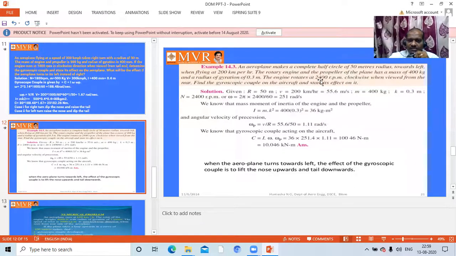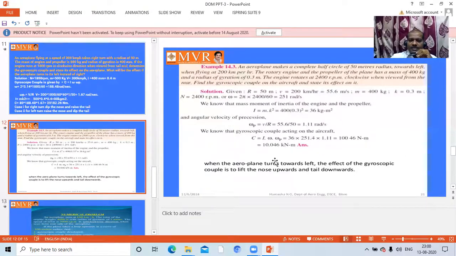The engine rotates at 2400 rpm, clockwise when viewed from the rear end. Find the gyroscopic couple on the aircraft and state its effect. Here the effect has to be expressed for clockwise rotation with a left turn, in terms of the nose and tail. But before that, let us solve the numerical problem.